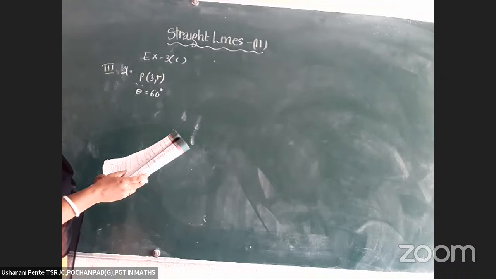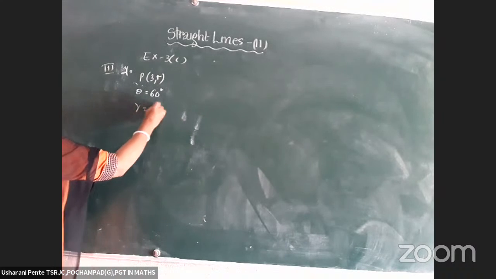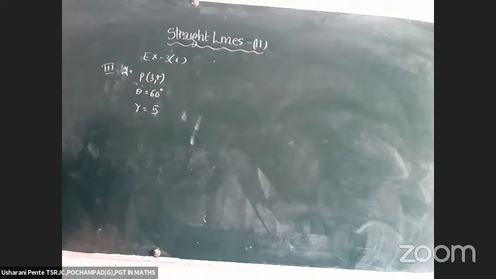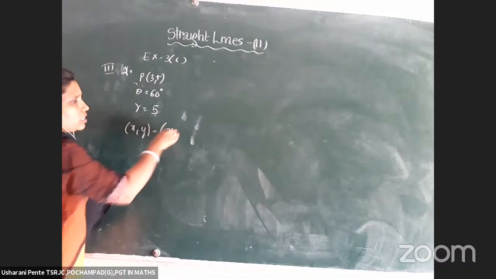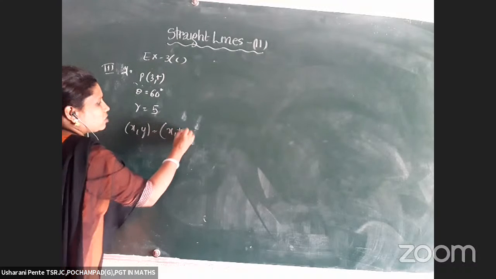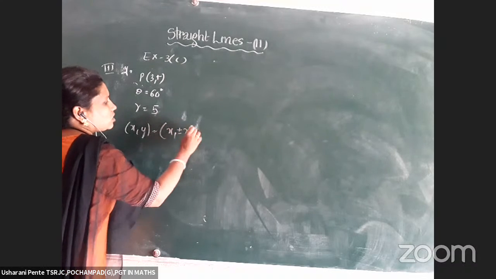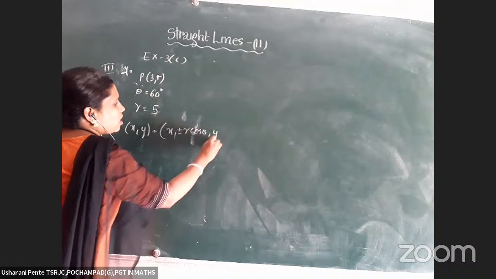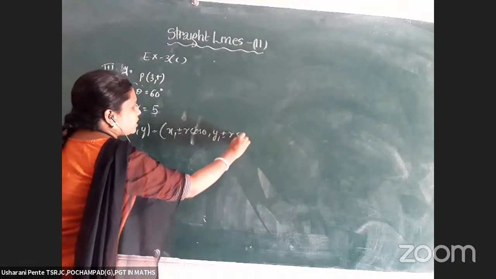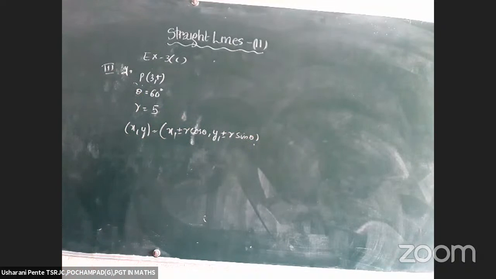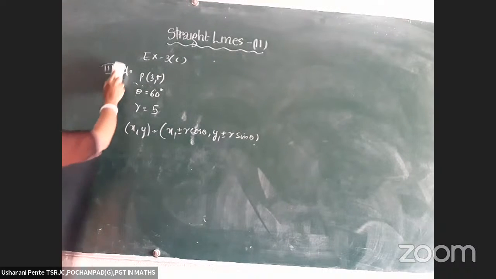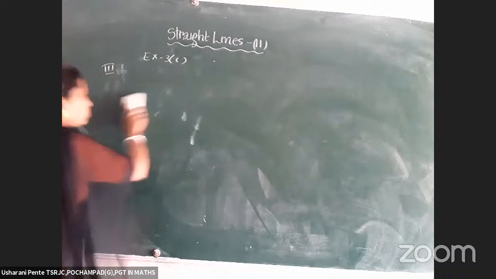Here r is given as 5. So we know how to find x comma y, using the parametric equations x1 plus or minus r cos theta comma y1 plus or minus r sin theta. Using this you can find the coordinates of the point.